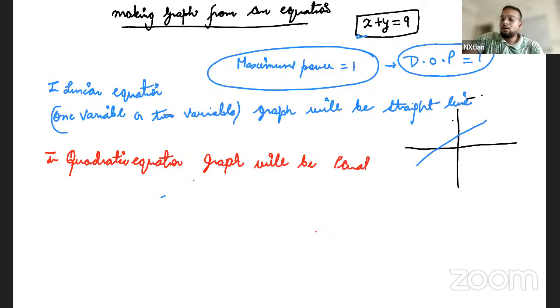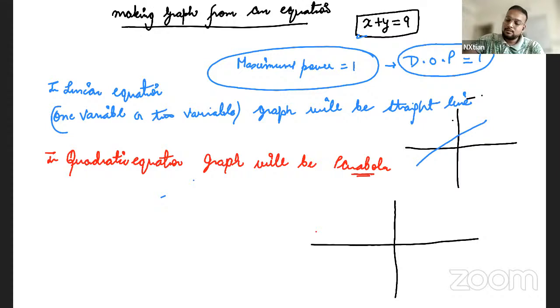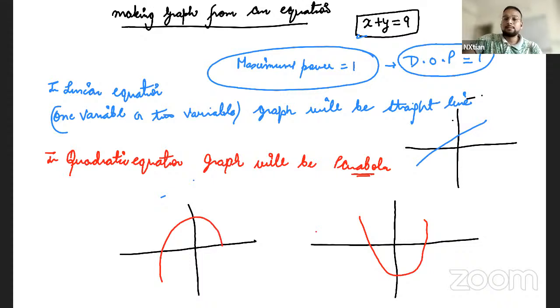Not Ebola, it's parabola, okay? Don't be confused with them. So a parabola is going to be like this. Either a U-shape parabola, or you can make a dome-shape parabola. And how to make that, we'll learn that also. So this is called a parabola.